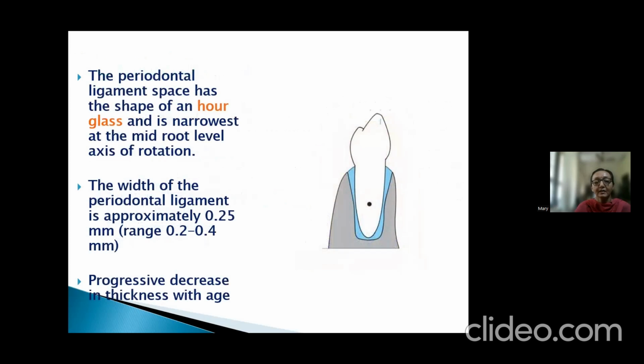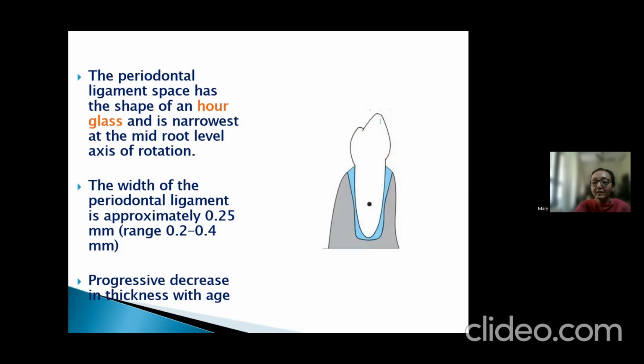Here in the figure we can see that the periodontal ligament is in the shape of an hourglass. We know that an hourglass is narrow in the middle and broader at the coronal as well as the apical end. Here the periodontal ligament has a similar shape, and the dot here denotes the fulcrum of rotation, that is, when there are excessive stresses acting on the periodontal ligament.